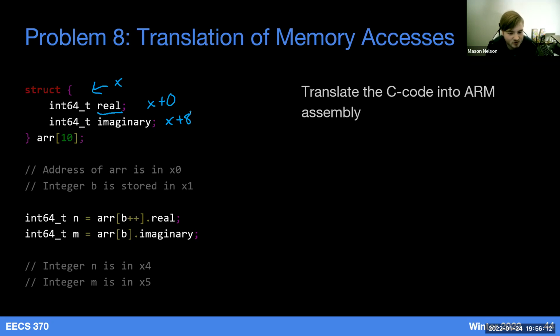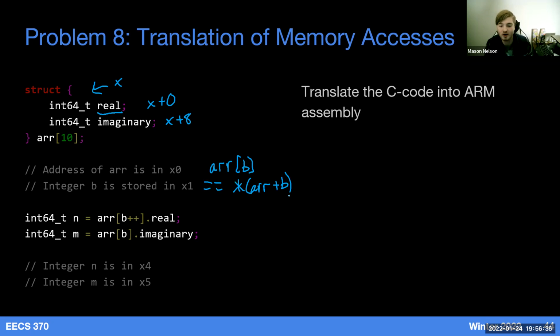So first, we have to do our pointer arithmetic. So we have array, a pointer to the beginning of array, which is in x0. We have b. So remember that when we do our indexing, array at b is equivalent to dereference array plus b. However, b is an integer.